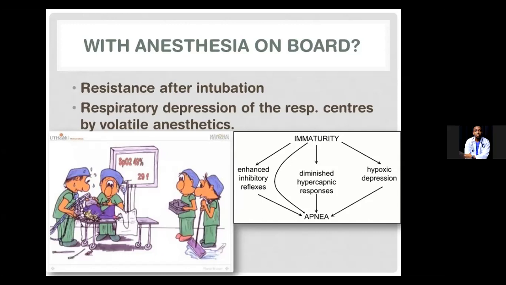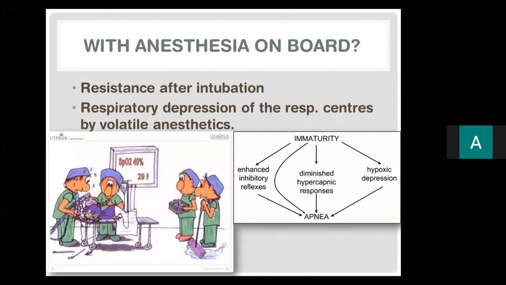You're welcome. So what happens with anesthesia on board? If you put a tube in, the tube you put in is usually much smaller. And so they're going to have a lot more resistance to breathe against, on top of the resistance that they already have.